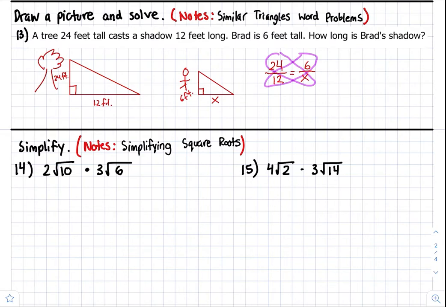So that's going to be 24 times x, which is 24x. 6 times 12, you guys, is 72. Divide both sides by 24, and x is going to equal 3. So Brad's shadow, you guys, is 3 feet long.